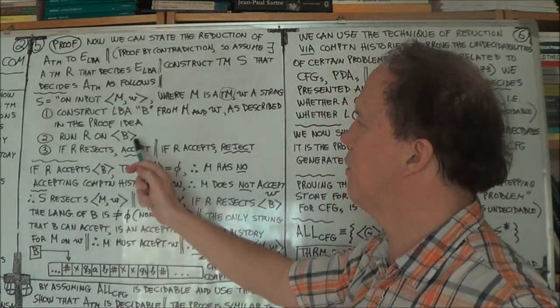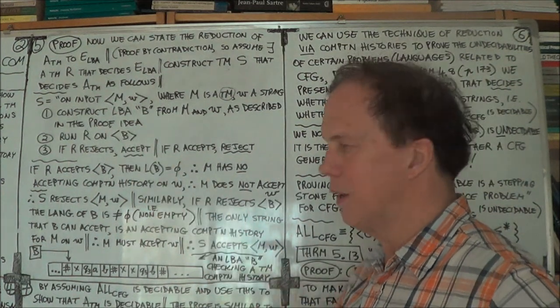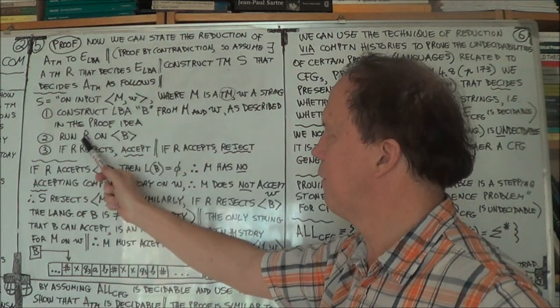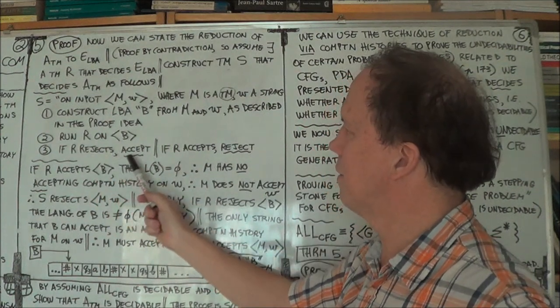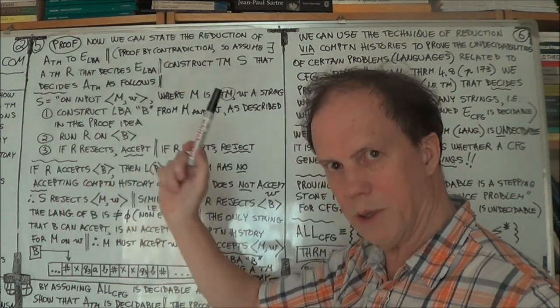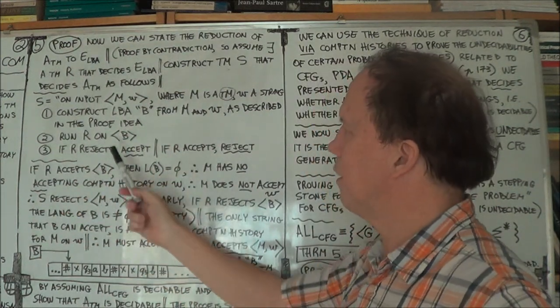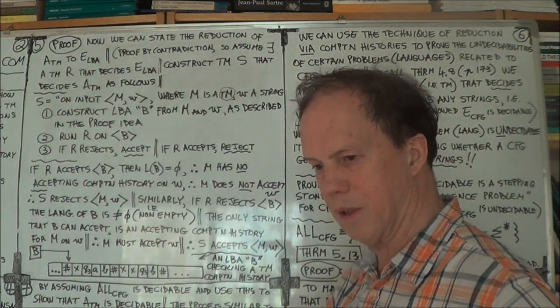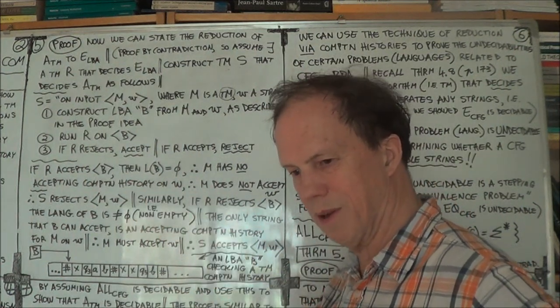Now, given the way B is set up, we talked about this before. If R rejects, you want S to accept, for the reasons we talked about earlier. I don't want to go into this too long. I already spent a lot of time on it.